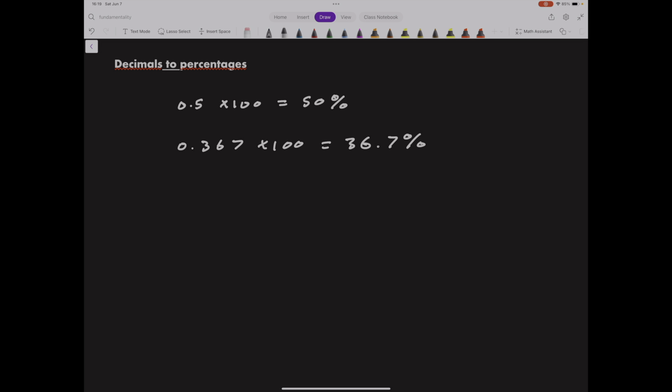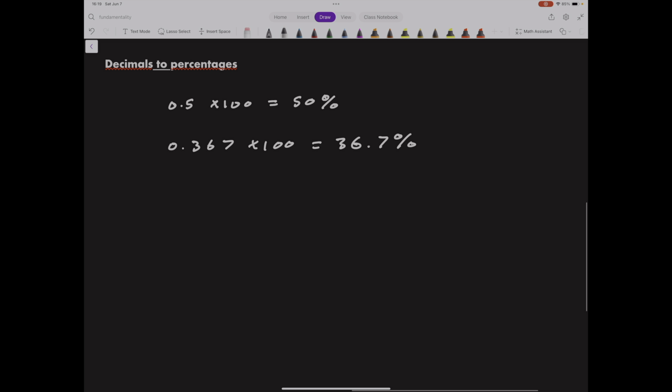As long as you shift it along by 2 place values, then you're fine. Even with numbers above 1, it works. Percentages don't just have to be between 1 and 100. So this would just be 300%. You times it by 100, you just shift it along by 2 place values.